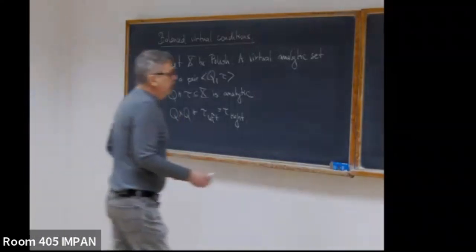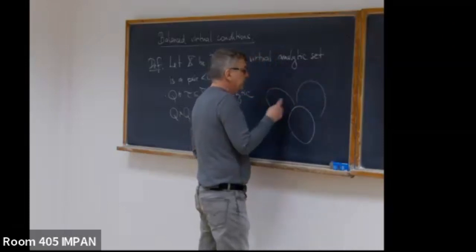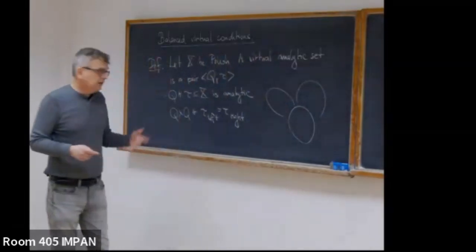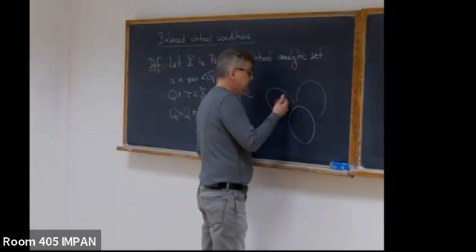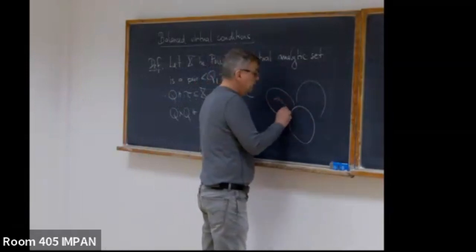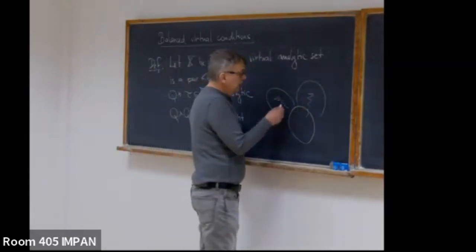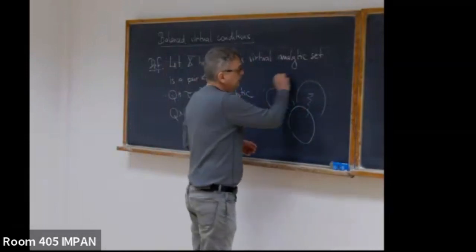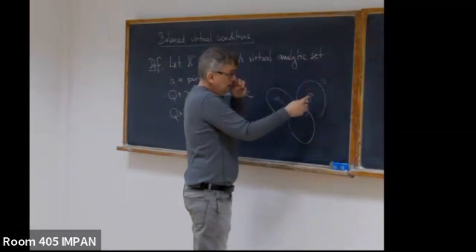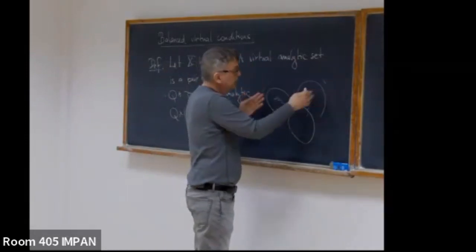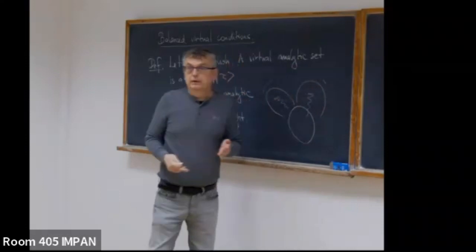So the situation is like this. We have two generic extensions, and you have one analytic set here, one analytic set here, and we realize that when you reinterpret them in some larger generic extension, they actually reinterpret to be the same set.